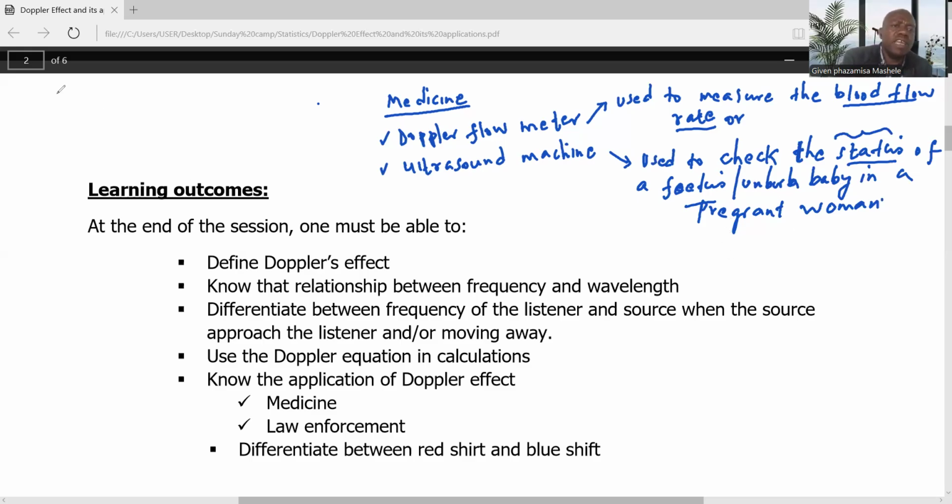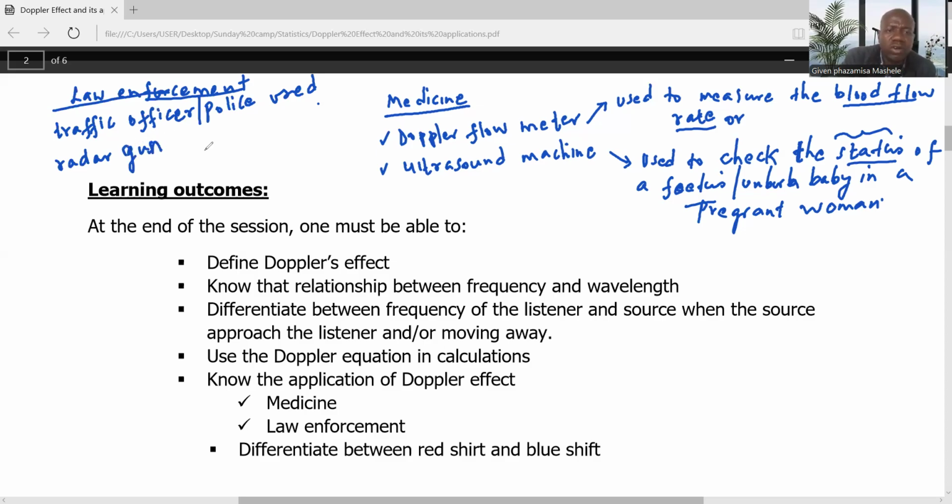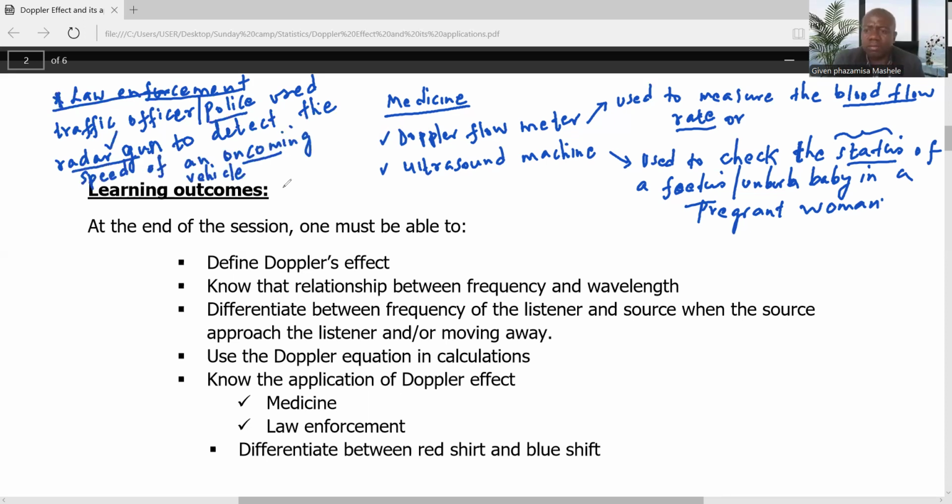in a pregnant woman. But in law enforcement, the traffic officers, the traffic police, usually use what you call a radar scan or a radar gun, especially on roads, to detect, or actually to measure, the speed of a coming vehicle.